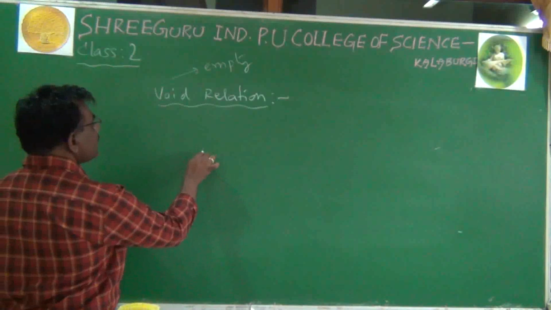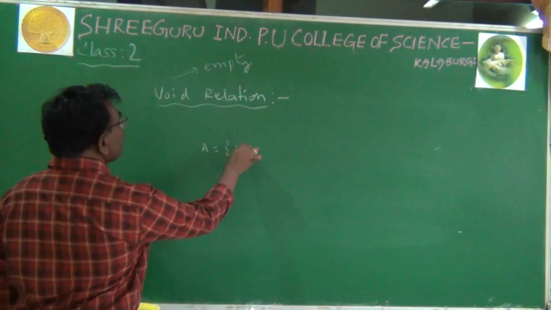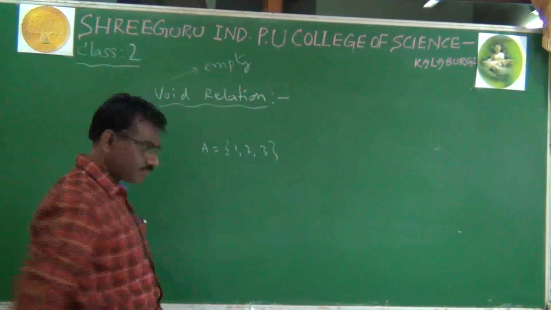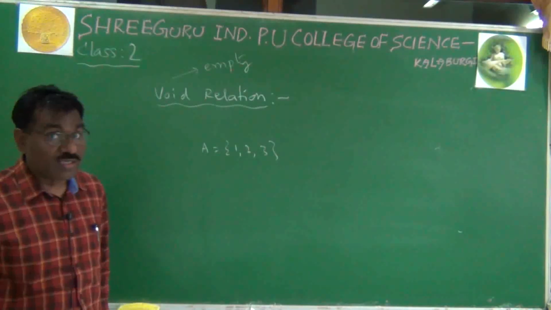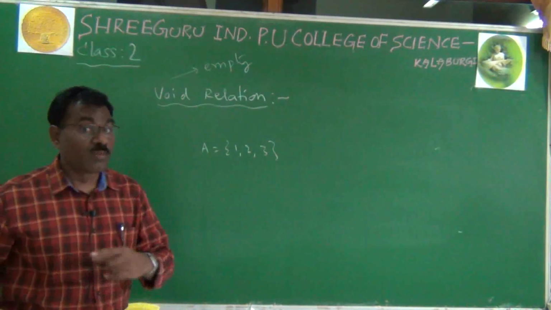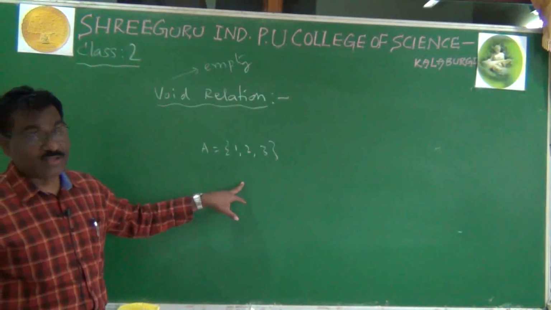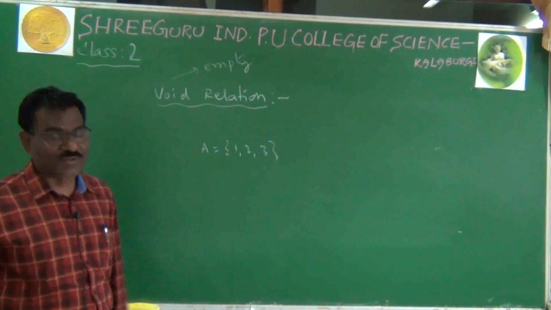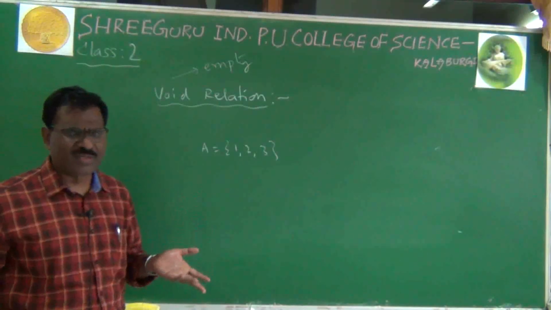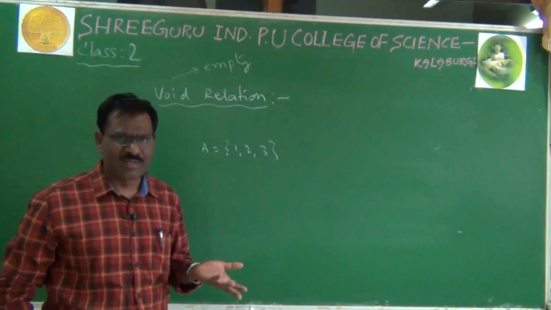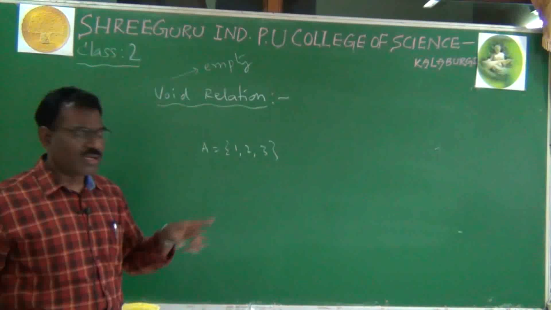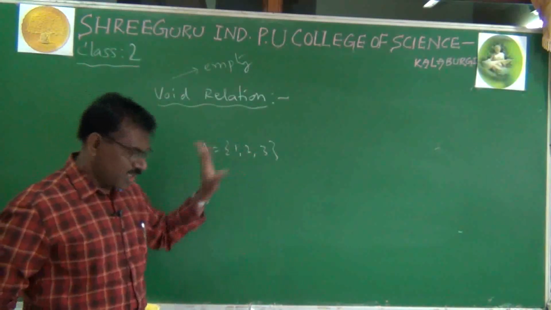For example, set A is {1, 2, 3}. Repeating the definition, if no element of set A is related to any element of set A, that is called a void relation. So there are many examples, and I am using set A with values 1, 2, 3.